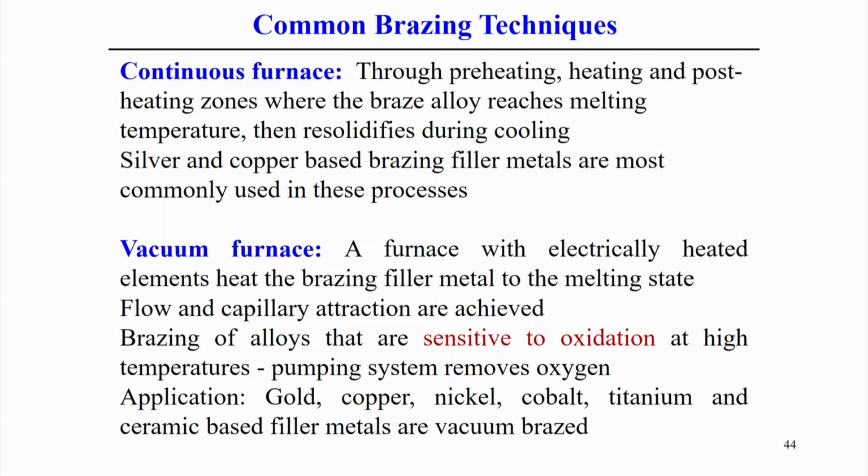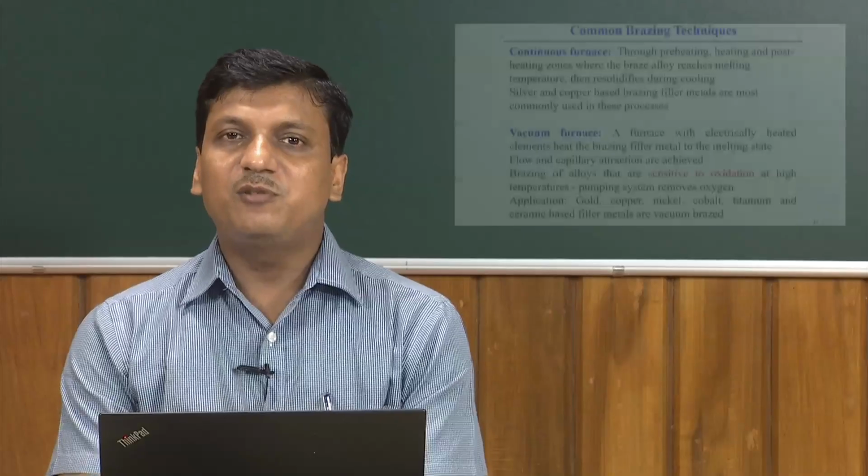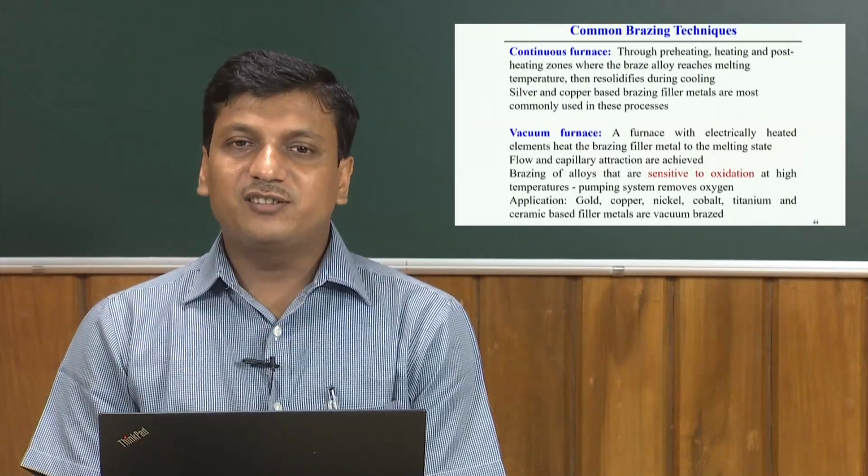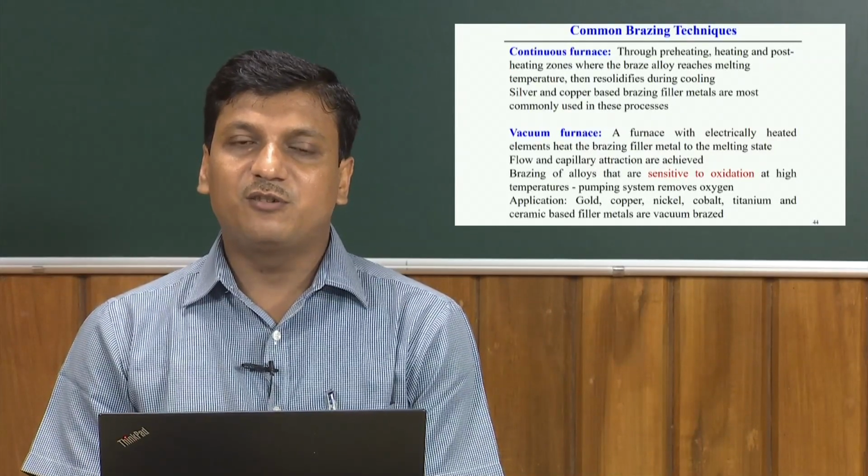Definitely this process will be costly compared to the other brazing techniques, but if there is an application of certain materials which are very sensitive to oxidation, and oxidation normally increases with temperature, then to avoid oxidation of the material there is a need for the vacuum furnace technique to successfully assemble the different components.